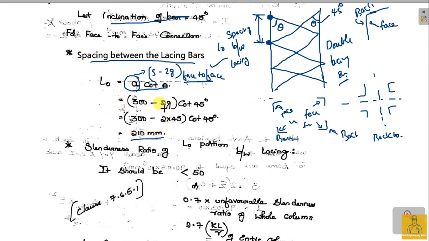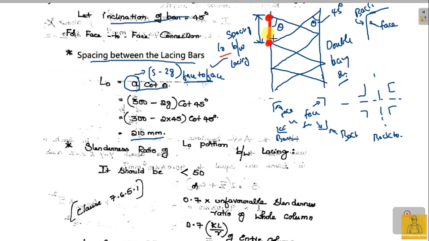Now see here, if you look at this middle portion, this is the portion of the angle section that is a part of the built-up column, right? It seems to be like a column of length L naught fixed here and here, isn't it?